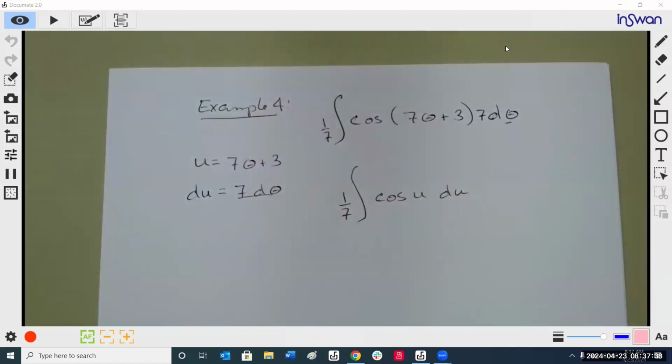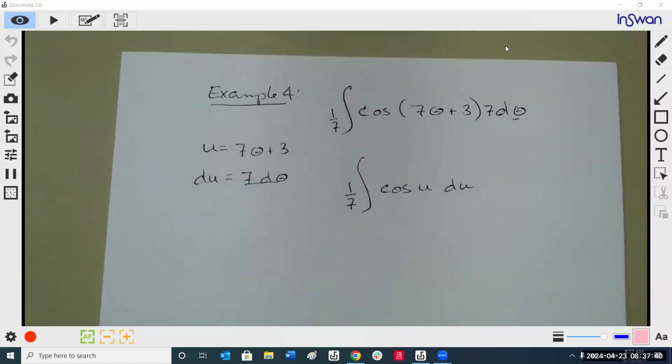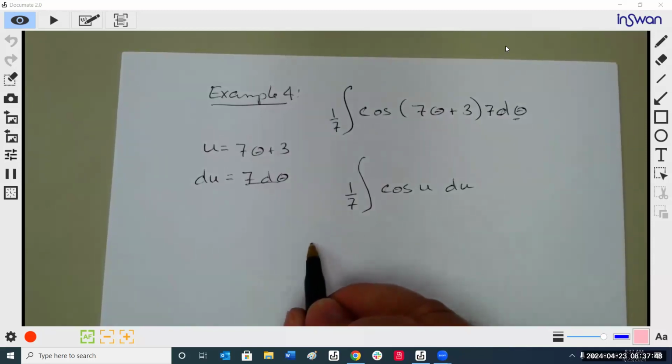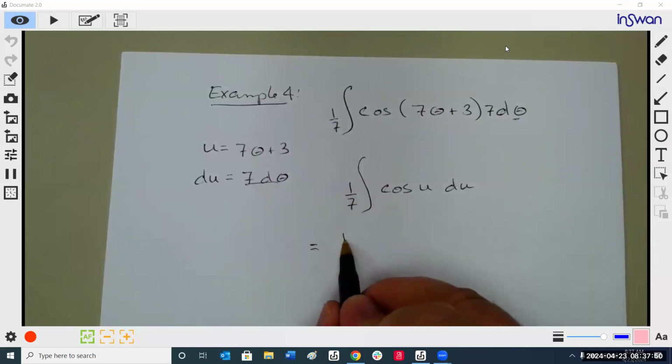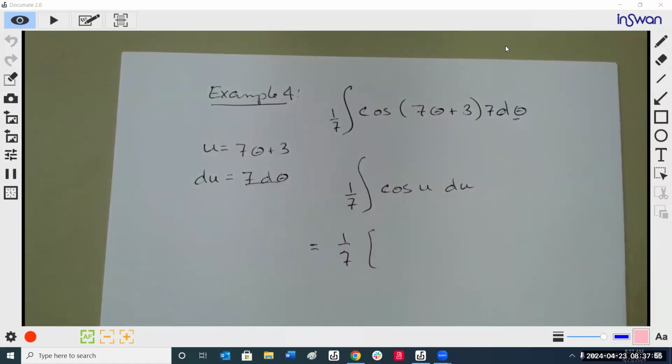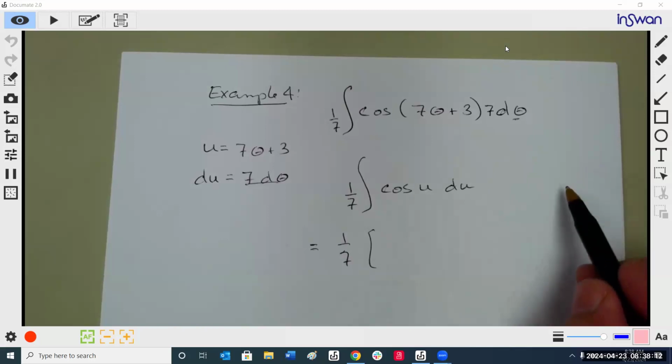So now we have du. So we have the 1/7 out in front. What's the integral of cosine? See, you don't need that because all you need is a unit circle.